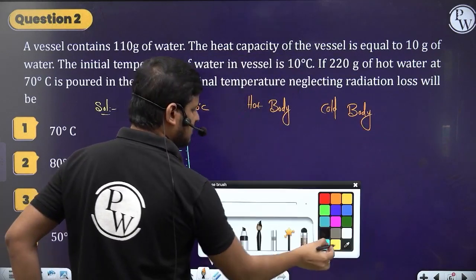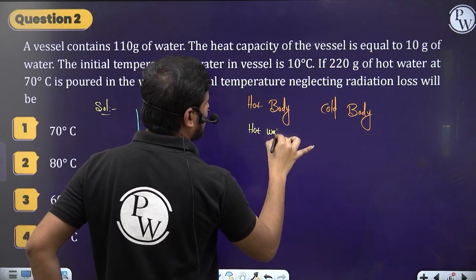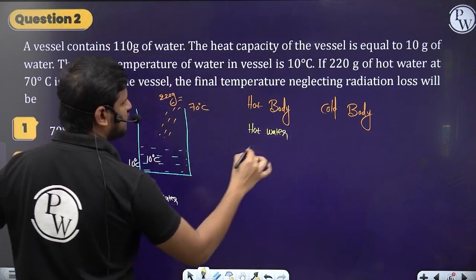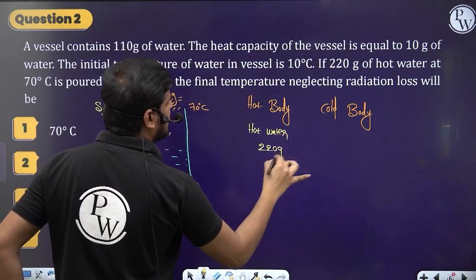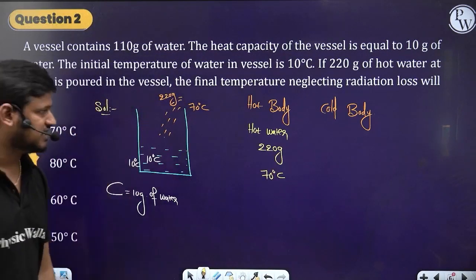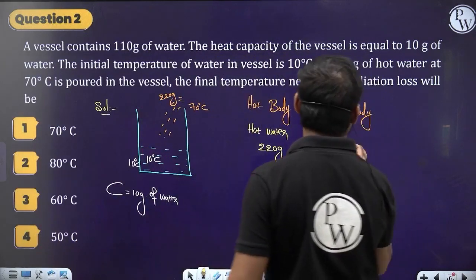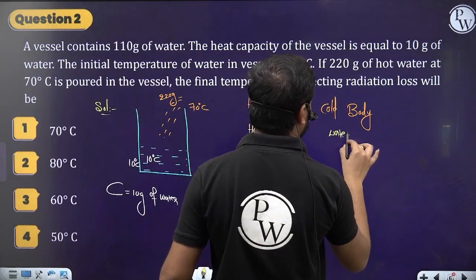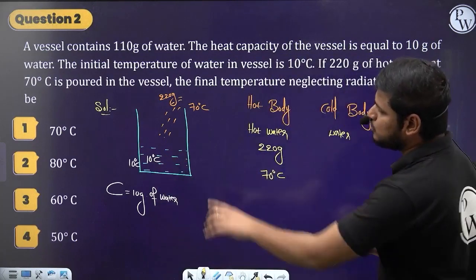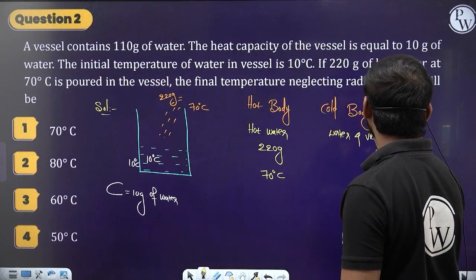The hot body is the hot water whose mass is 220 grams, and which is at 70 degrees centigrade. And the cold bodies are the water and the vessel. Whatever water is inside the vessel, both will have the same temperature of 10 degrees.